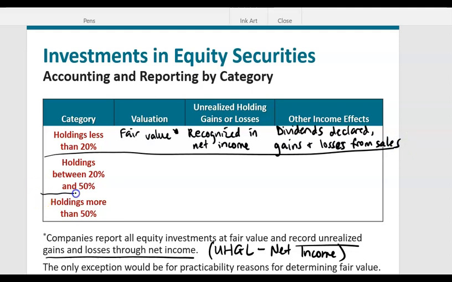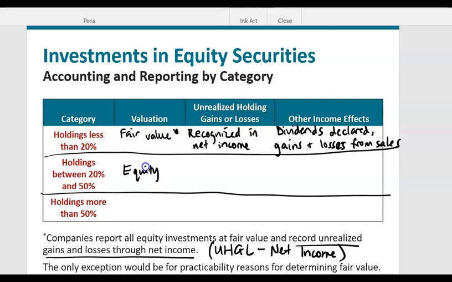Now let's look at the overview of holdings between 20 and 50%. The valuation is called equity. We call this the equity method. Unrealized holding gains and losses are not recognized. And what do we recognize in income?